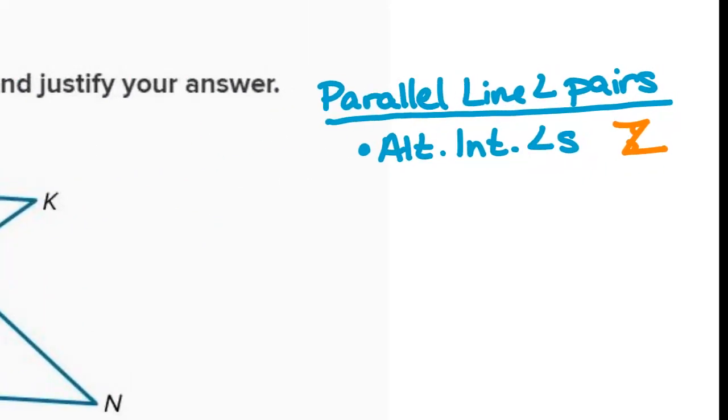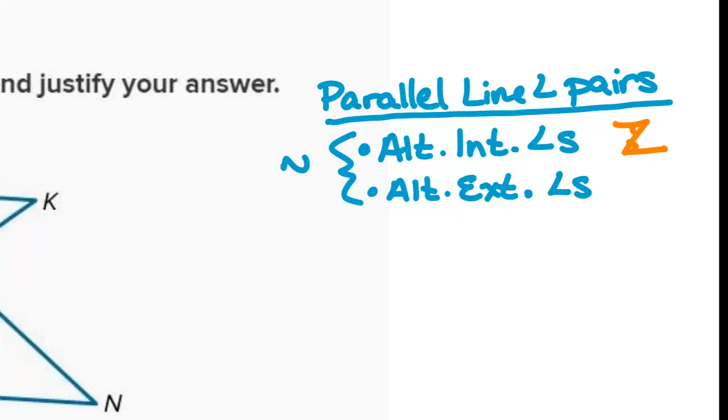Does anybody remember any other special angle pairs from when we did parallel lines? Alternate exterior angles. These pairs are pairs of angles that are congruent. Does anybody remember any other special angle pairs from when we studied parallel lines?